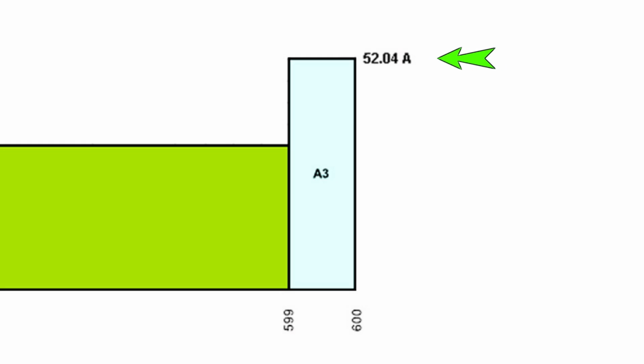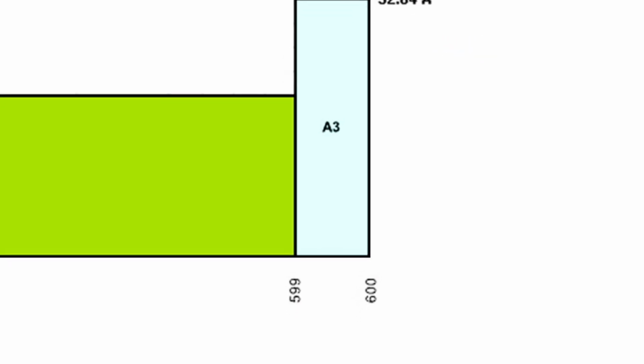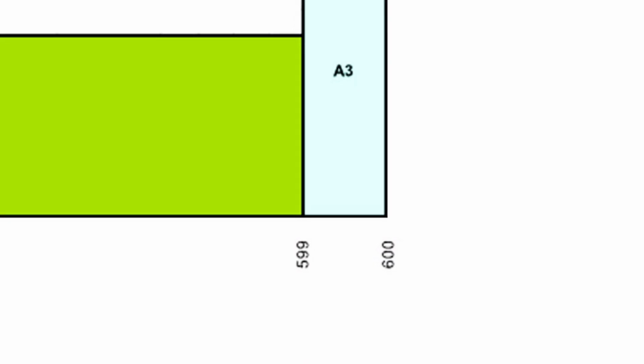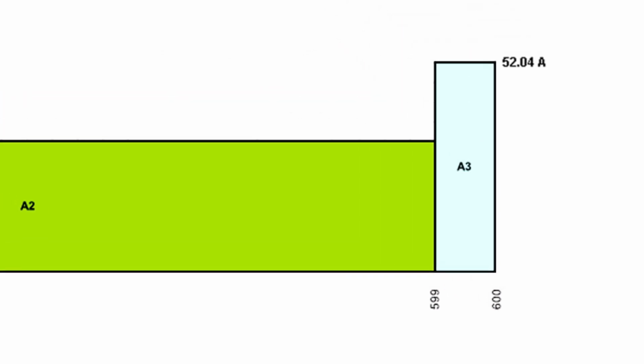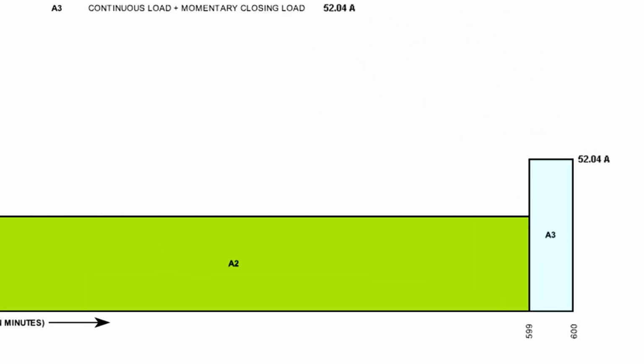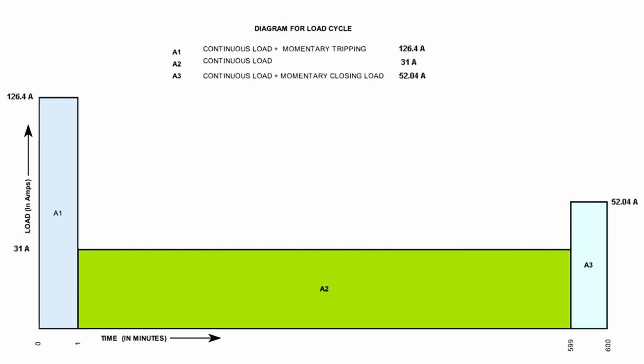That momentary closing load is the ampere load to re-establish the AC power in the substation, and that will be as per our consideration from the 599th minute to the 600th minute. The amplitude of that bar will be the calculated total current during that period, which we have shown in our previous slides.